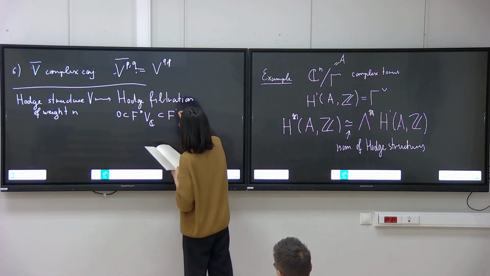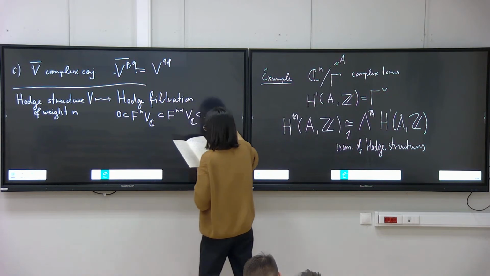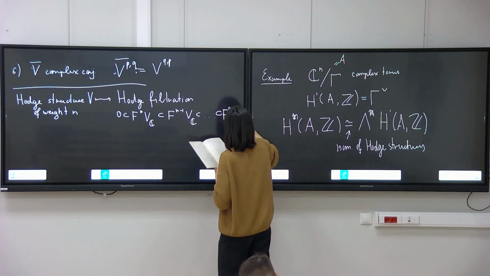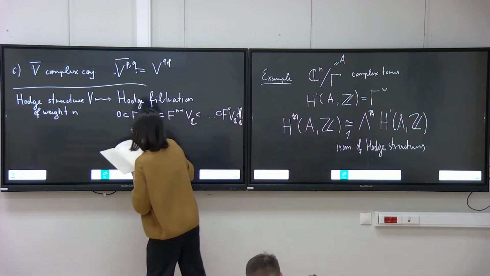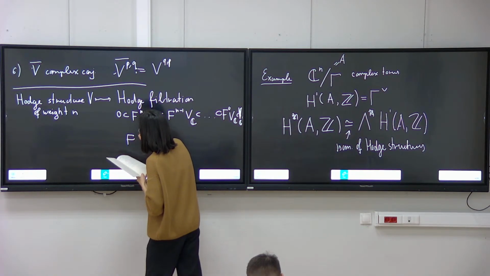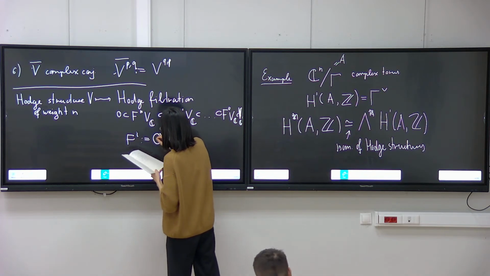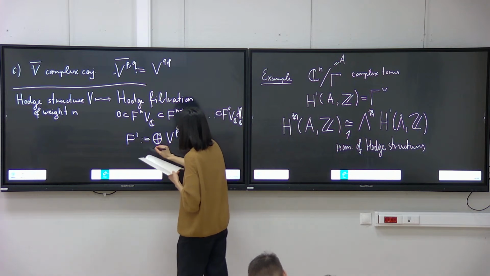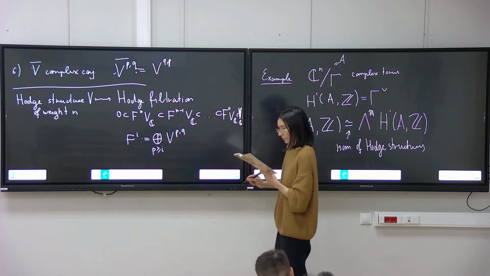F^i V_C is the direct sum of V^{p,q}, where p is greater or equal to i.